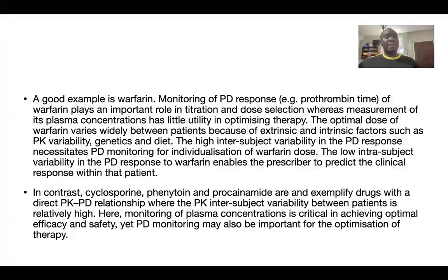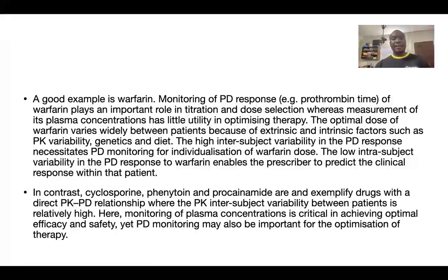Whereas measurement of plasma concentration, a PK parameter, has little utility in optimizing therapy for warfarin. The optimal dose of warfarin varies widely between patients because of extrinsic and intrinsic factors such as PK variability, genetics, and diet.